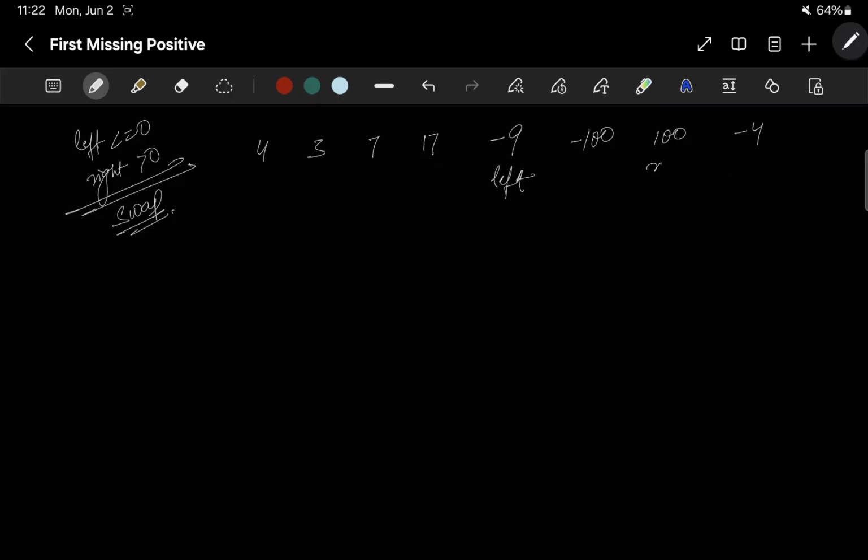Now again, yes, 100 and minus 9, again it will swap. Now left will reach here, right will also reach here. So left and right are at the same place, we stop the iteration, and we have the segregation of left and right. Now we count.